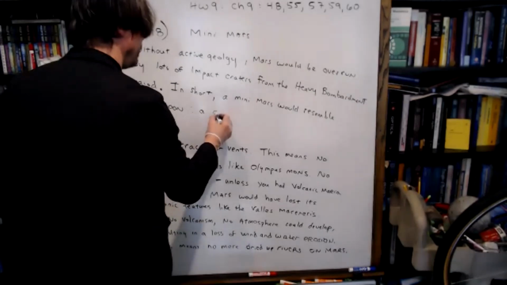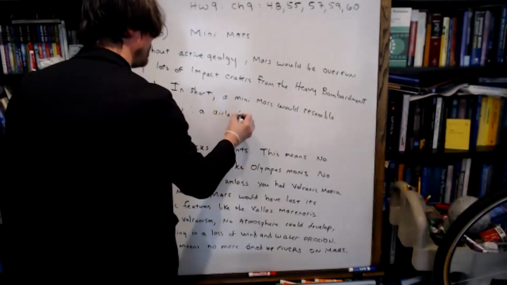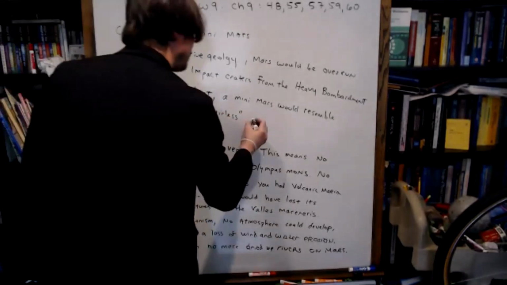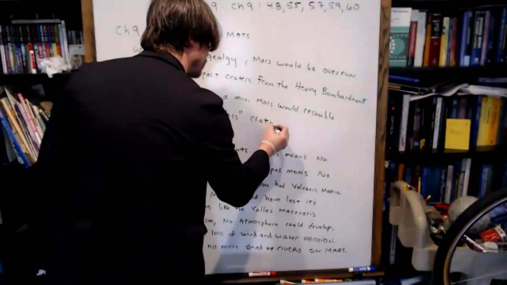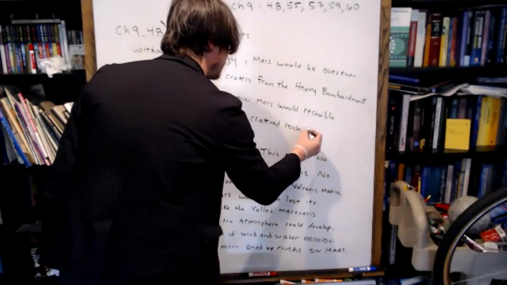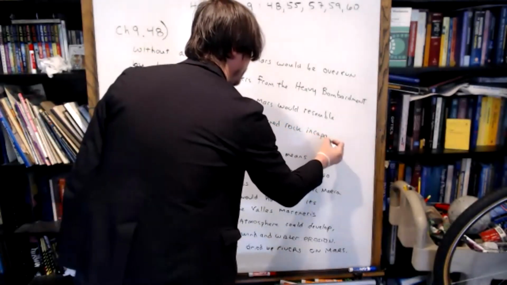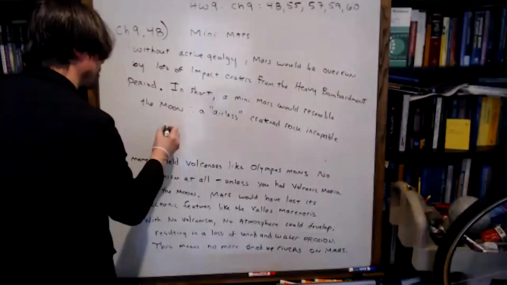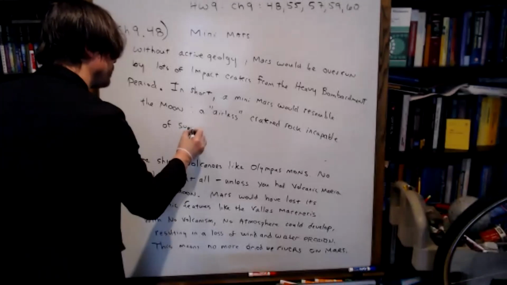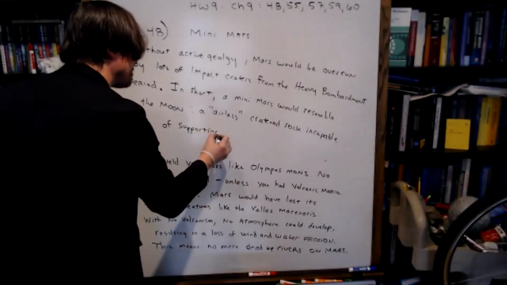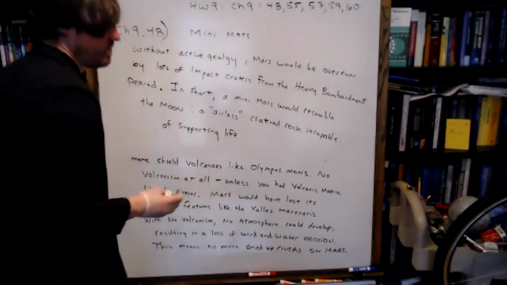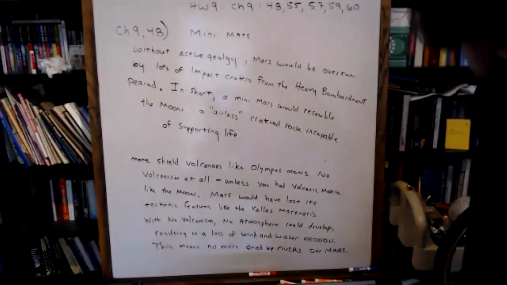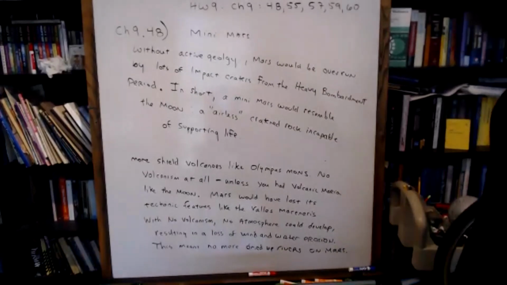An airless, I'm going to put airless in quotes because Mars doesn't actually have air, an airless cratered rock incapable of supporting life. Unless it was some kind of whack alien stuff that could survive in the vacuum of space, like tardigrades.